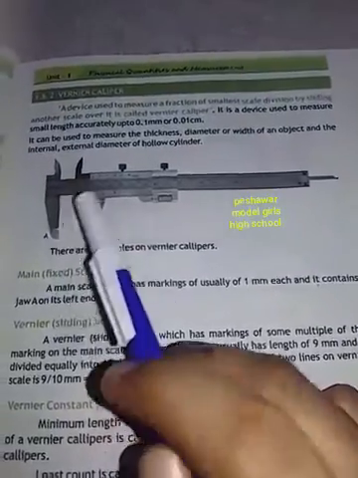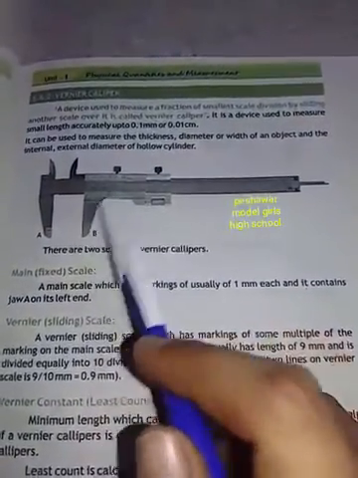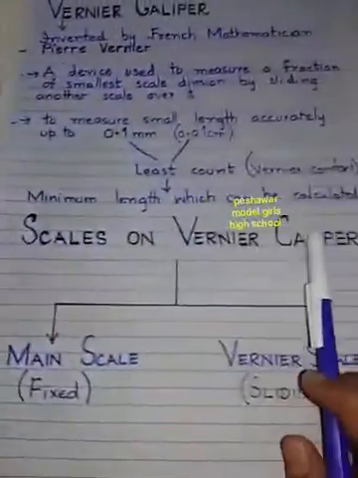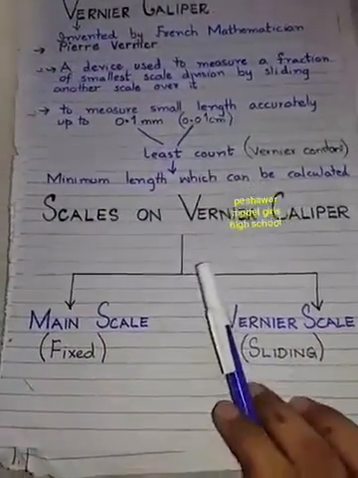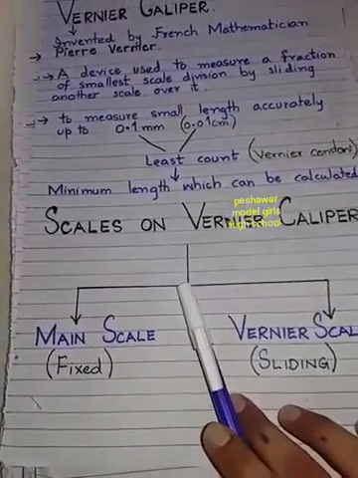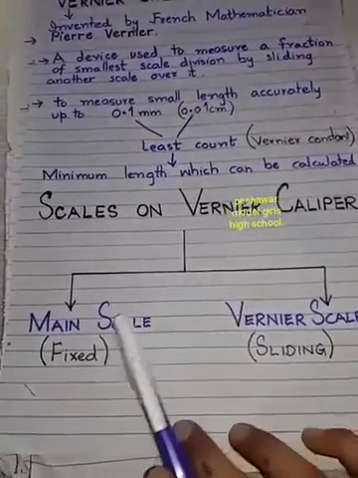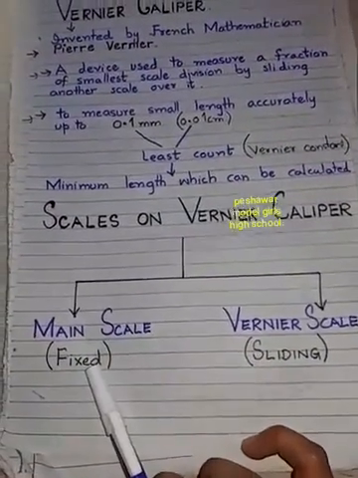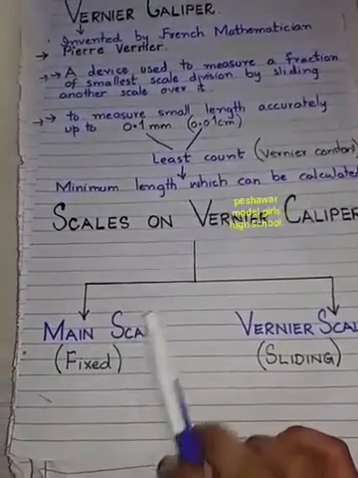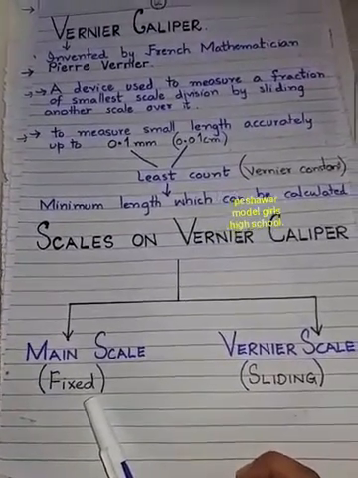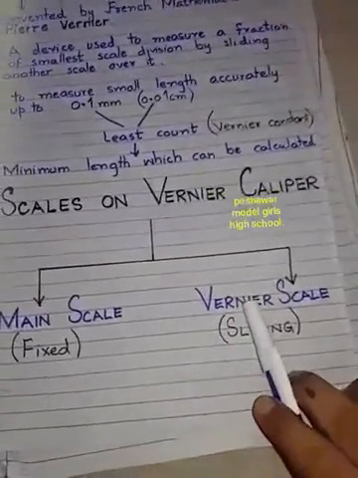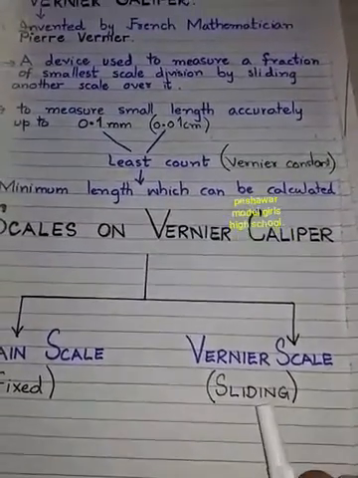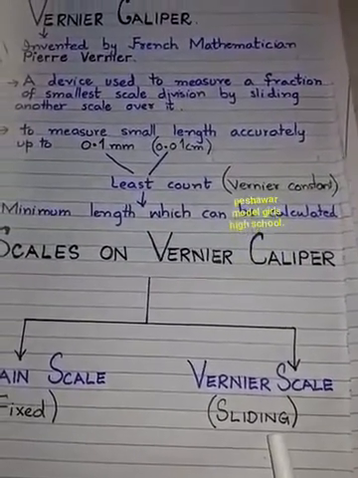The vernier caliper has two scales. One is the main scale, which is a fixed scale, the immovable part of the vernier caliper. The other is the vernier scale, which is sliding, the movable part of the vernier caliper.